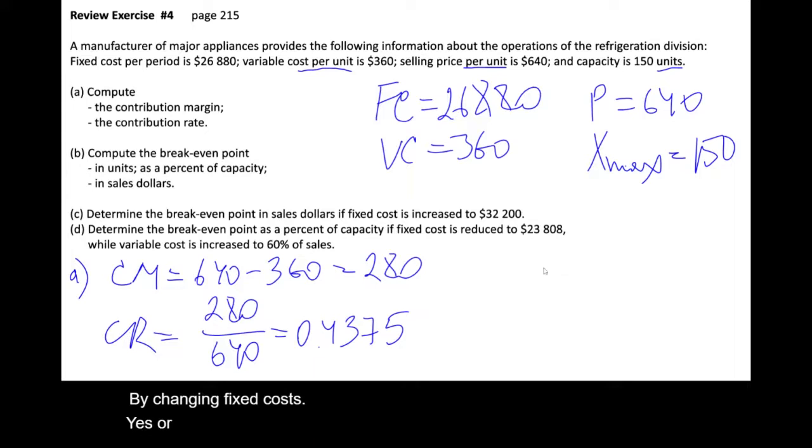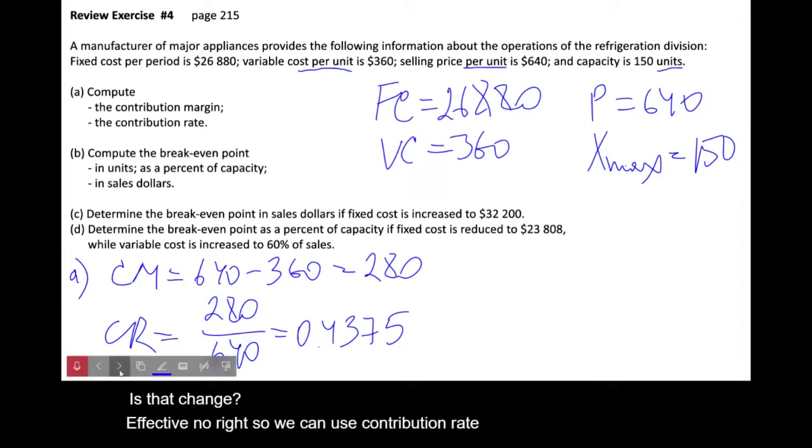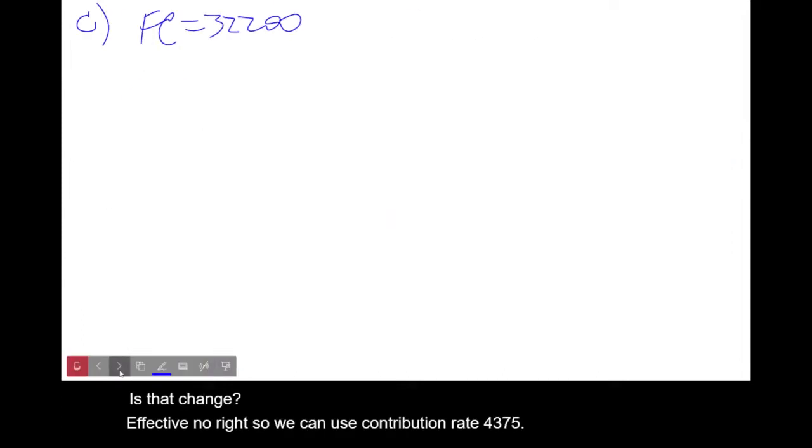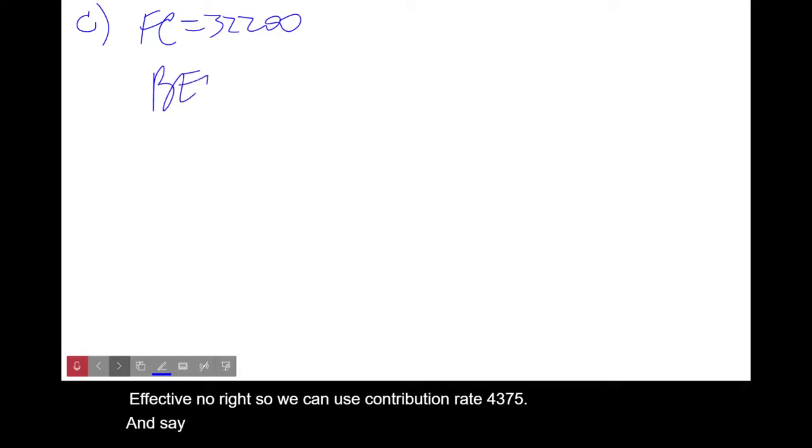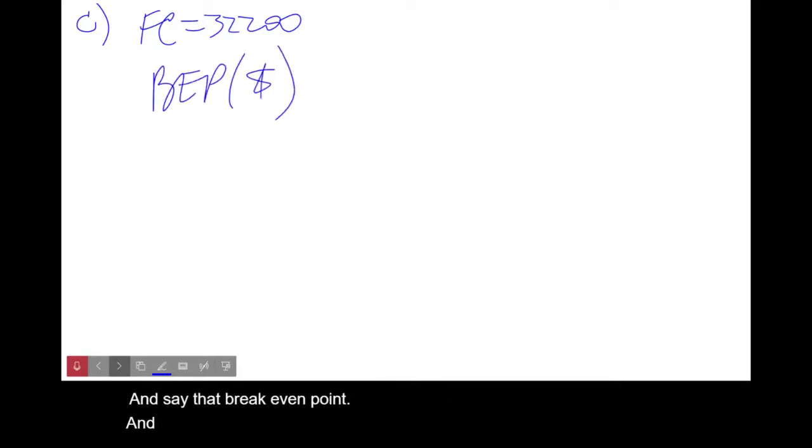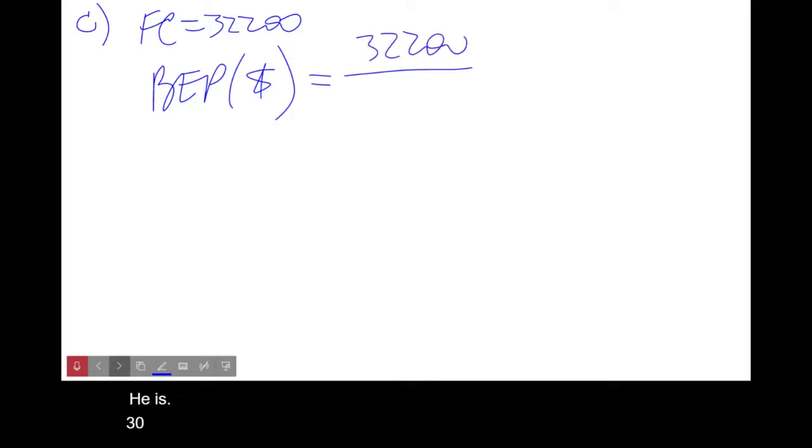Yes or no? Is that change affecting? No, right? So we can use contribution rate 43.75 and say that break-even point in sales dollars is 32,200 over 0.4375. Okay, so what is that?